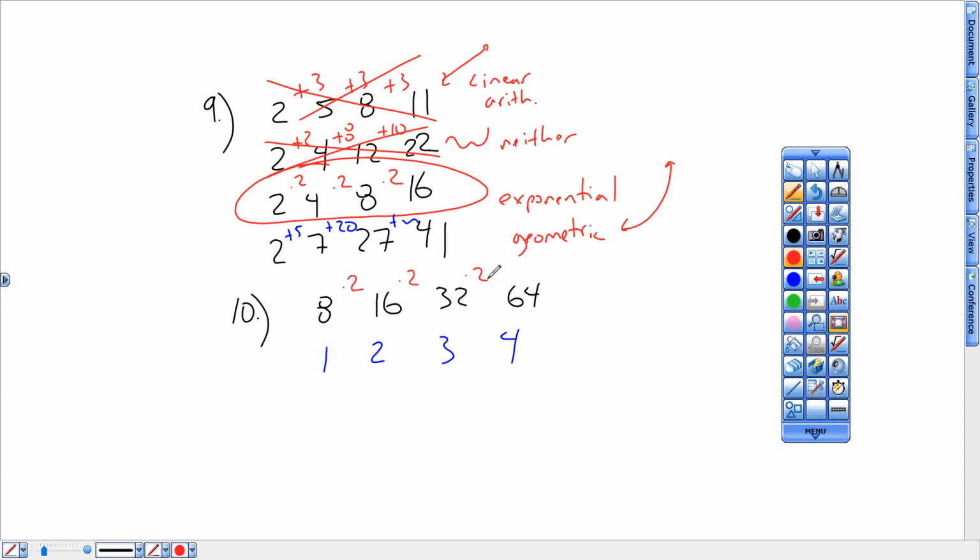If I had to write both forms of explicit, for this one I am going to have to go backwards to the 0 term, timesing by a half or dividing by 2, taking this 8 divided by 2 to get 4.